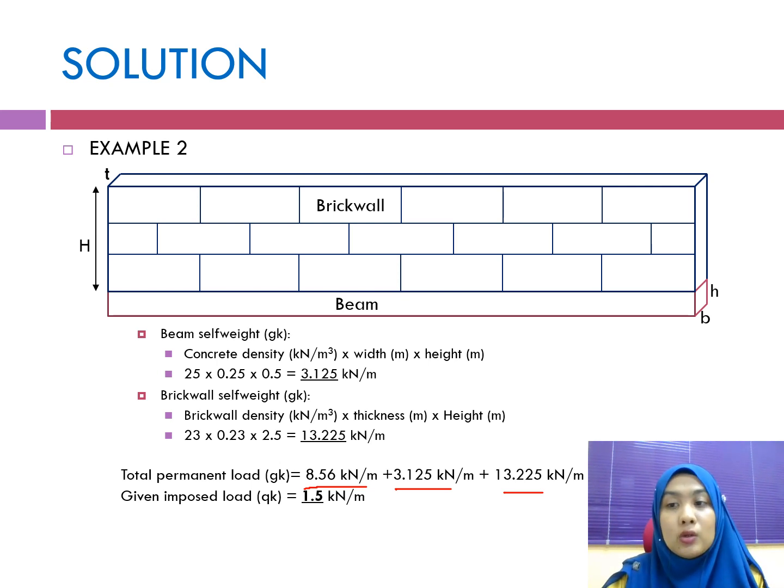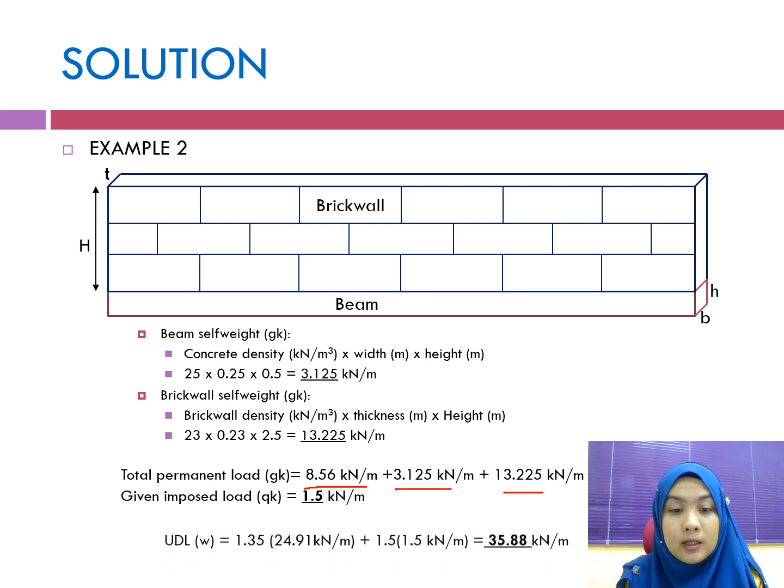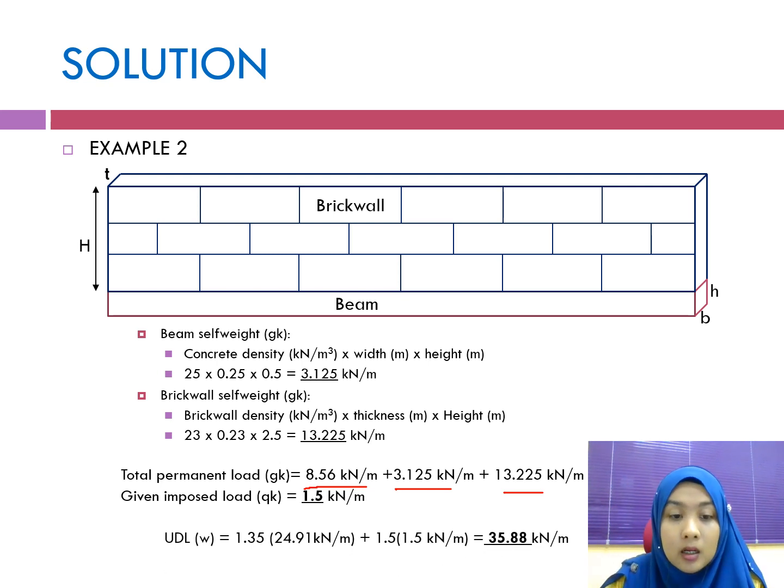In total, the uniformly distributed load is obtained by substituting into 1.35 GK plus 1.5 QK. GK here is 24.91 and QK equals 1.5. Then you get your uniformly distributed load equal to 35.88.